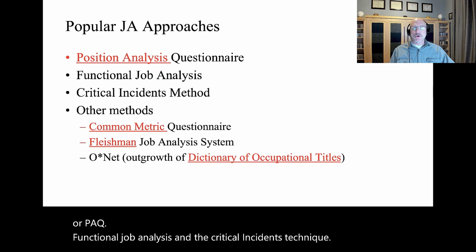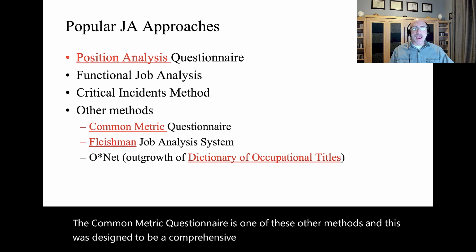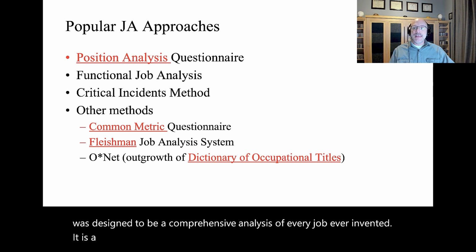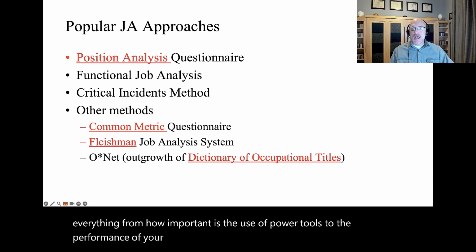The Common Metric Questionnaire is one of these other methods, and this was designed to be a comprehensive analysis of every job ever invented. It is a questionnaire written in easy-to-understand language and asks everything from how important is the use of power tools to the performance of your job to how much time do you spend using a sewing machine.